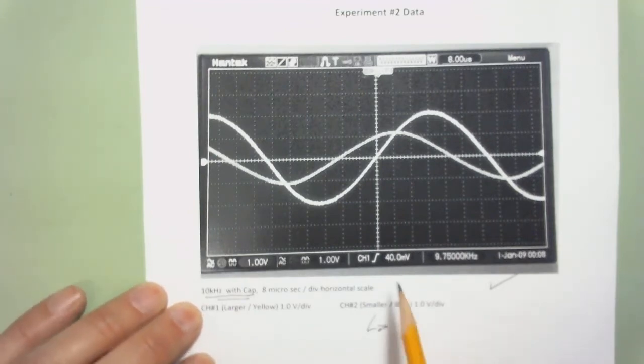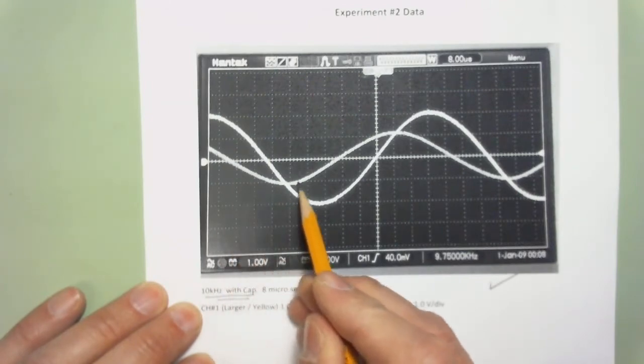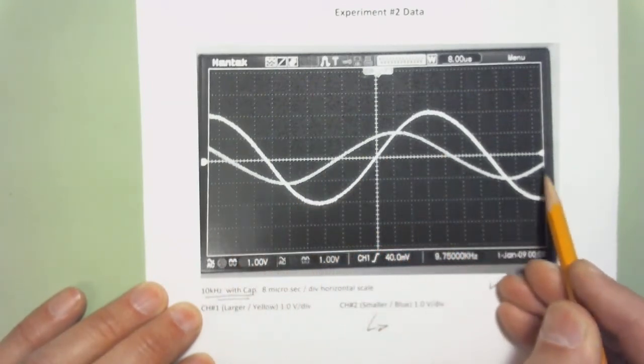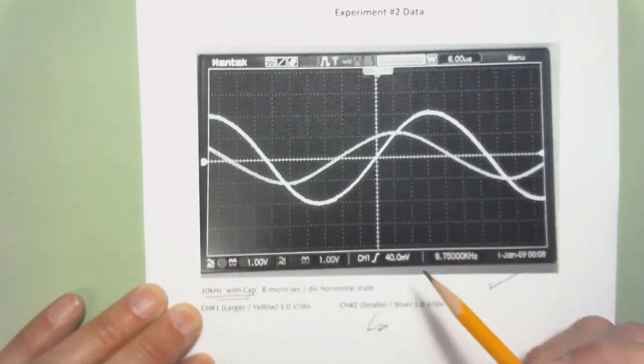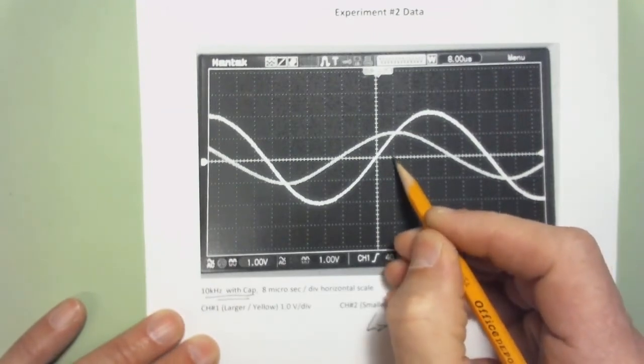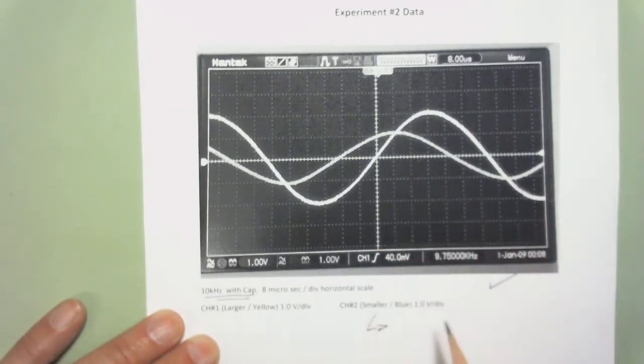So channel 2 is the smaller one, so this is channel 2, so I need to try and find the magnitude of that. It looks like we've got about 1 division and a little more. I'll just say 1.1. So 1.1 times our scale factor, which for channel 2 is 1 volt per division.